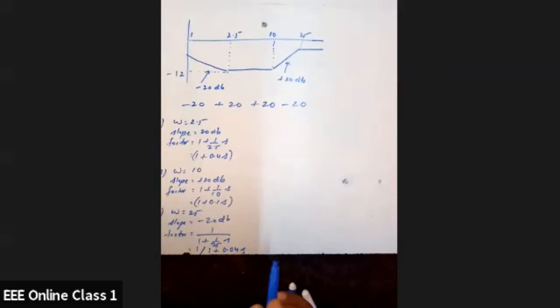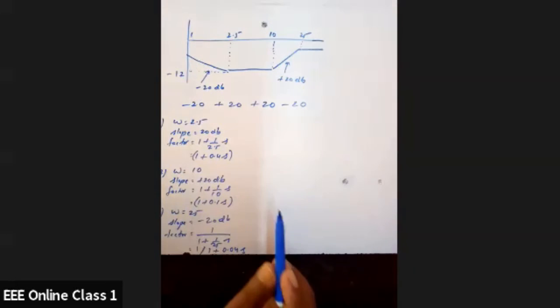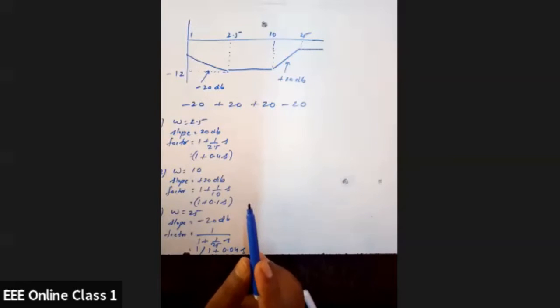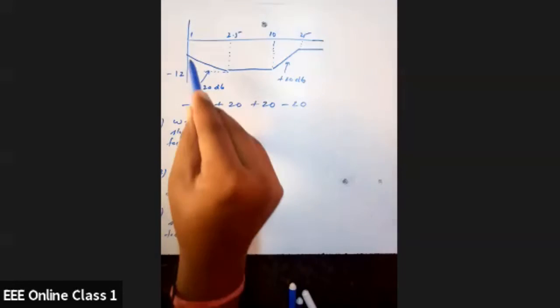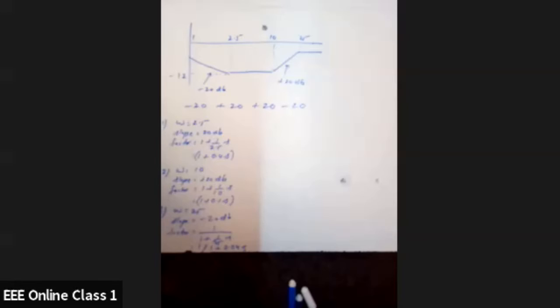Now let us solve the first factor of the first line. It clearly indicates that the line is below 1.